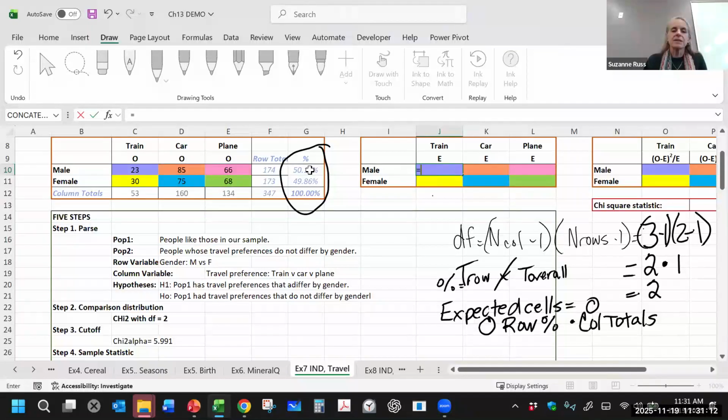We're going to figure out what number of people would we expect to prefer train if gender doesn't matter. So let's take, we need 50.14%, and we're going to multiply that times this train total, 53. And we find out that we would expect 26 males to prefer trains.